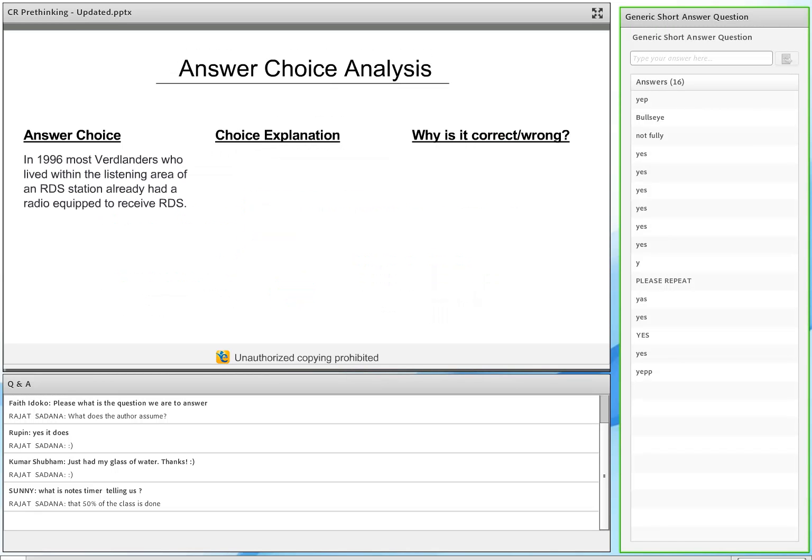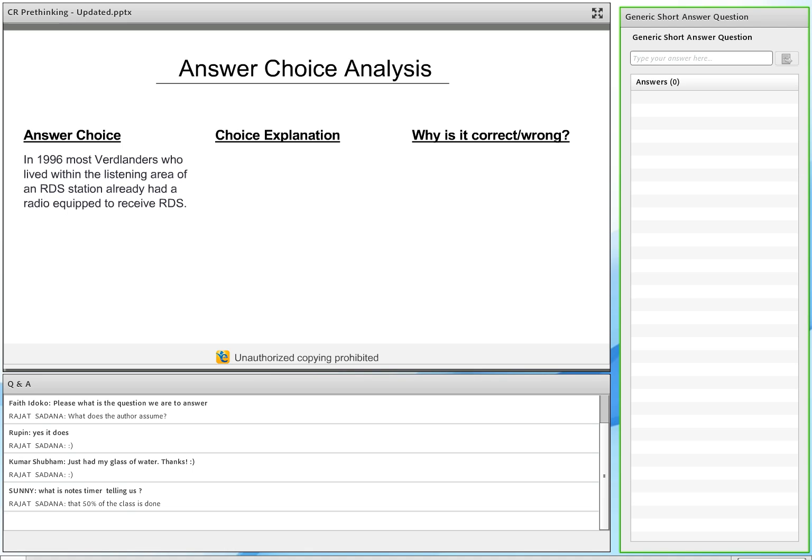Let's look at the next answer choice, which is choice B. In 1996, most Worldlanders who live within the listening area of an RDS station already had a radio equipped to receive RDS. What is the definition of an assumption?